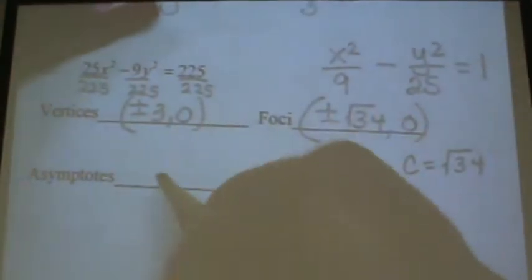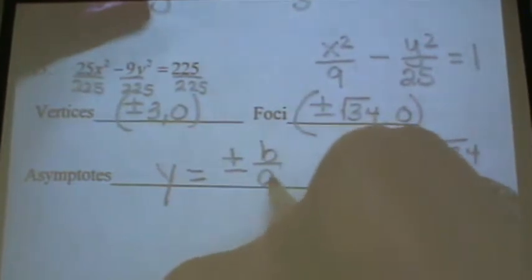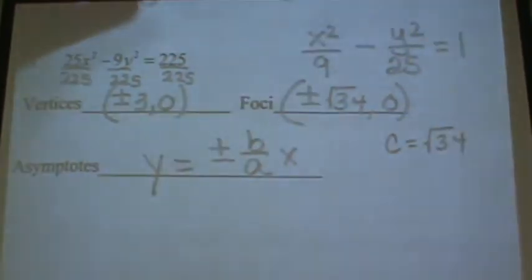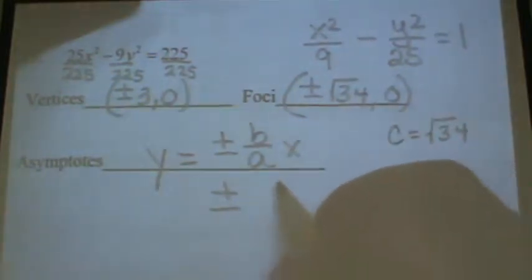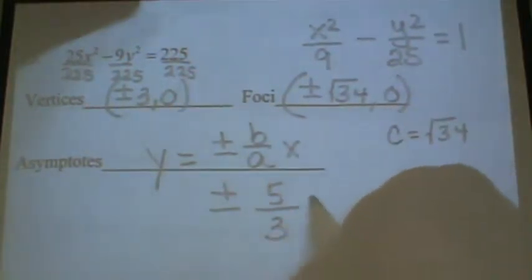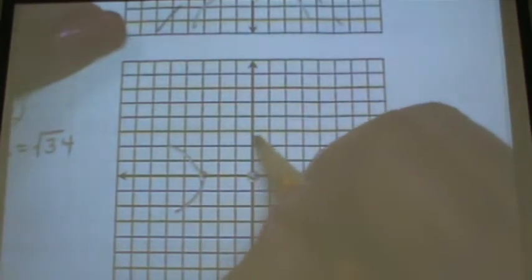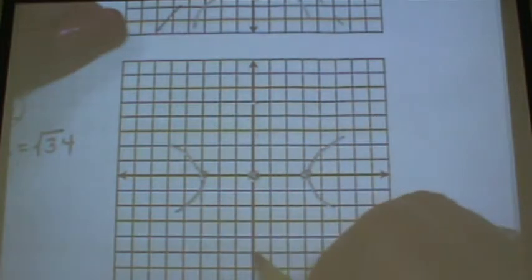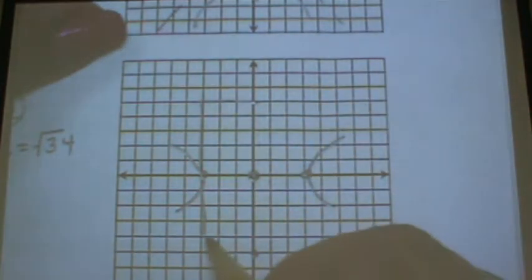And your asymptotes, this one is going to be b over a. So it's plus or minus, the b value is 5. A value is 3. These are your asymptotes. So you should go 5 units, 1, 2, 3, 4, 5. This is what this looks like.